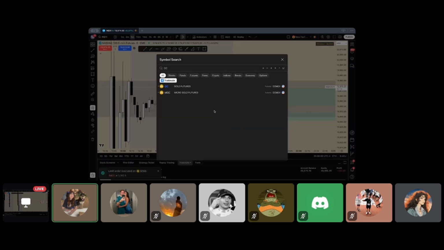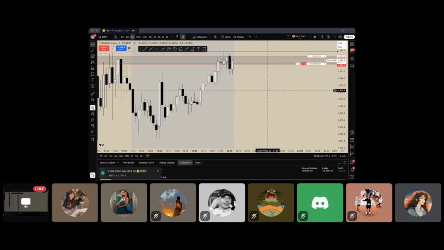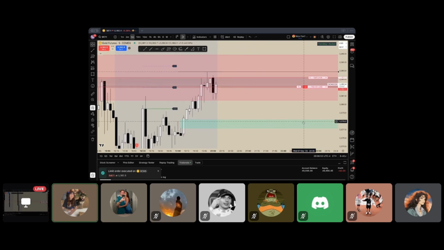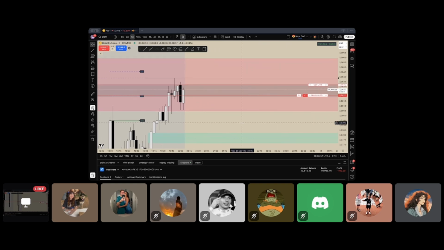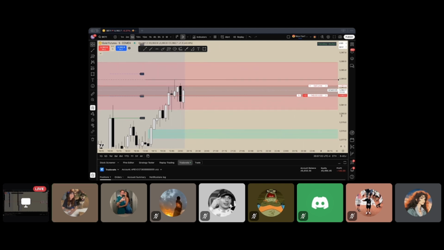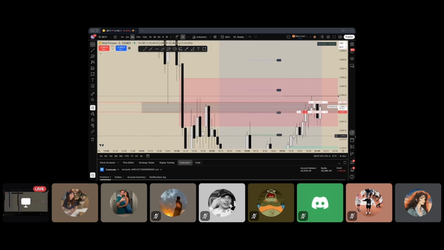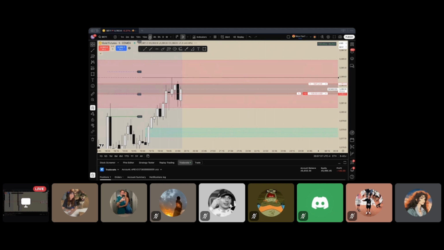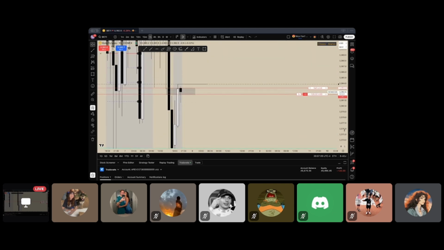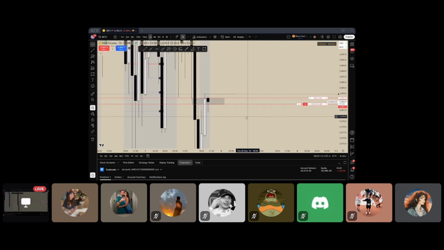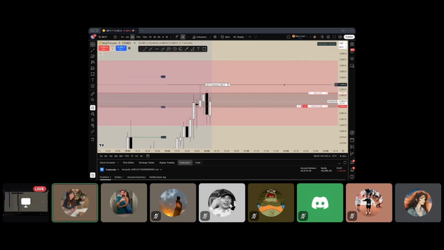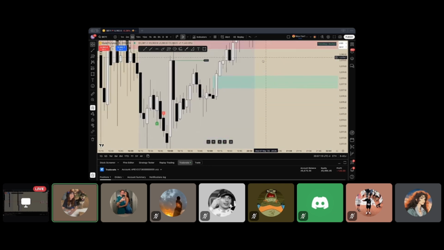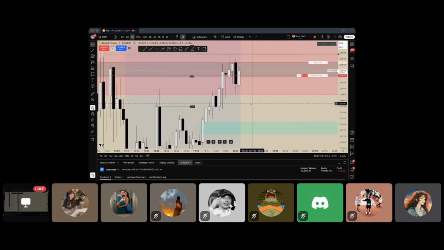So I think our limit, yep, one of our limits just got filled. Gold is just pumping, bro. Now that I'm looking at this, I might adjust our stop slightly, but nah.